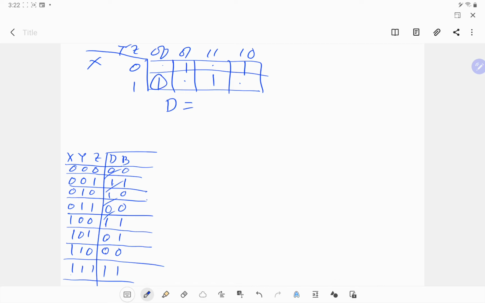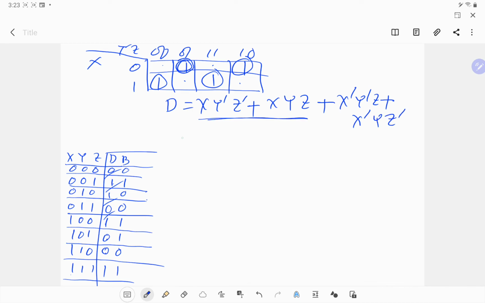it gives us X Y prime Z prime plus X Y Z plus X prime Y prime Z plus X prime Y Z prime.